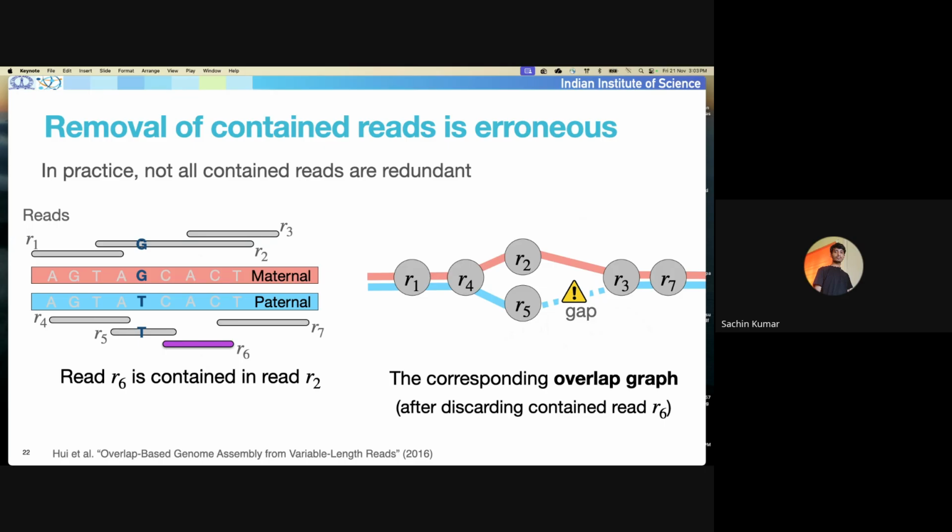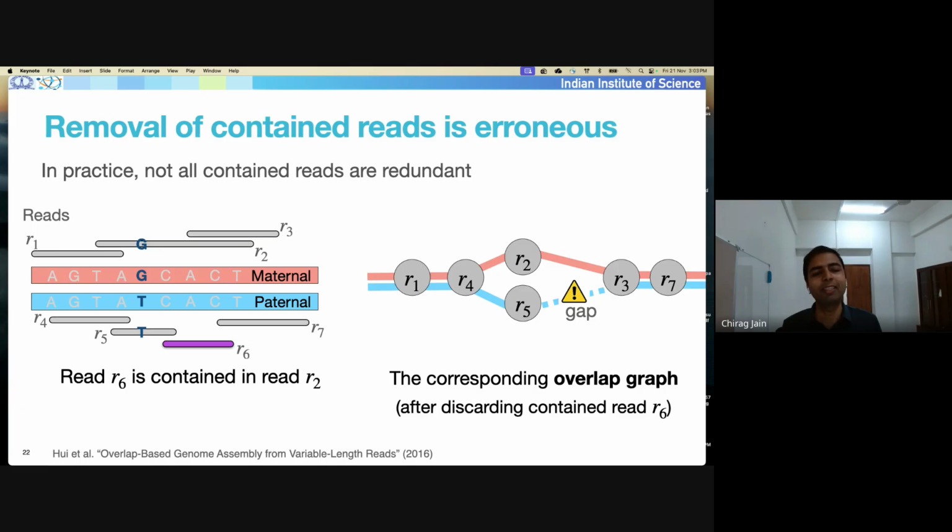We'll break R2 with the help of R6 into three smaller fragments, and we'll remove the fragment which will completely overlap with R6. Yeah, sure. What I'm saying is, on the left hand side I'm showing you a very toy example.